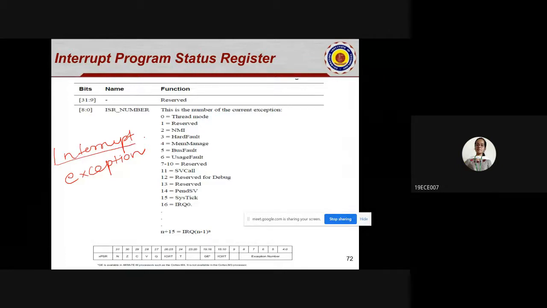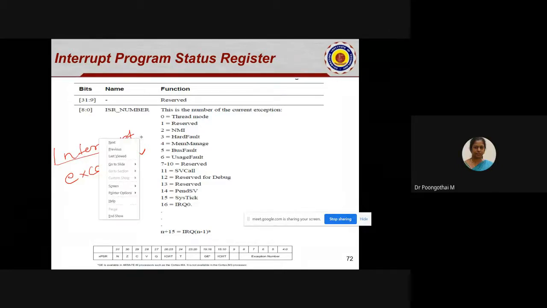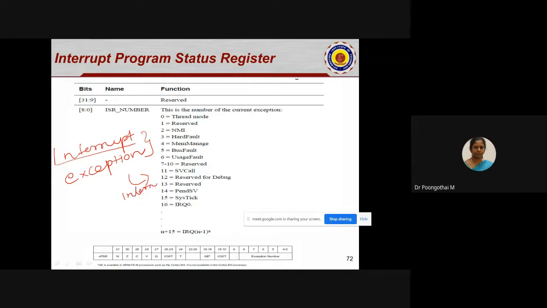So what is an interrupt? Hardware. Okay. These two are unpredicted events. These two terms, interrupts and exceptions, occur at unpredicted intervals. They can be generated either internally or externally.